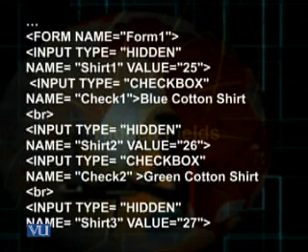The item code, in other words its value, is 25 here. And then there is another input tag, type checkbox, name check 1, and the option is blue cotton shirt. You can notice that it's a pair of input tags, related with each other.